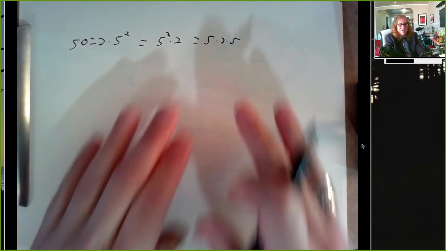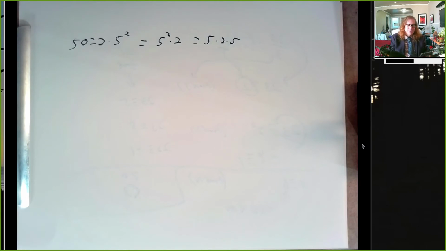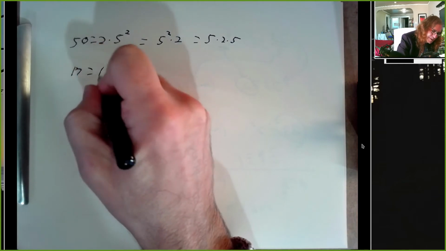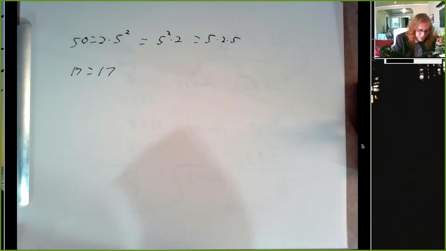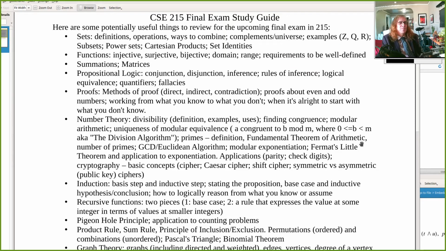Those are technically different ways to write this, but it's the same set of factors and the same powers. So the fundamental theorem says that this is unique. If you have a prime number, it's just a prime number. And that's a really useful theorem. We don't use it a whole lot, but it does kick in other parts of mathematics.